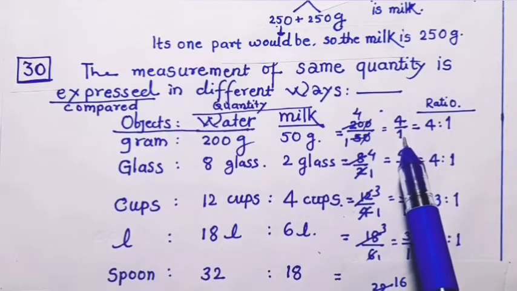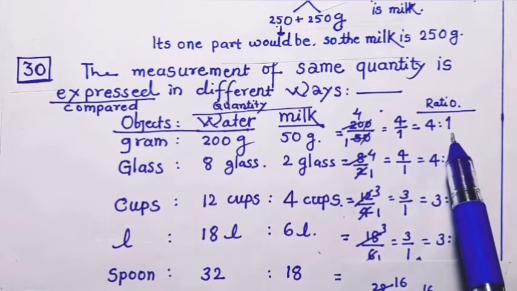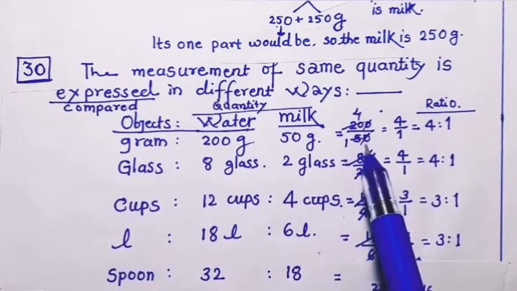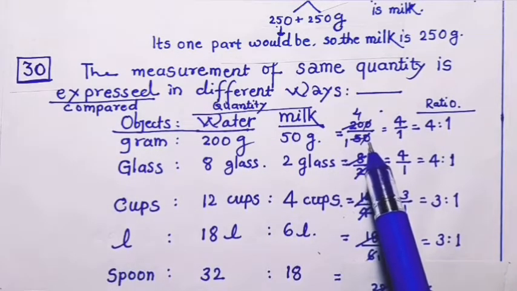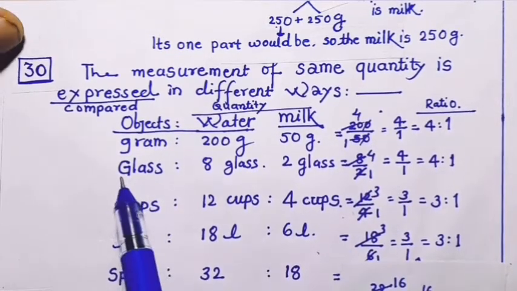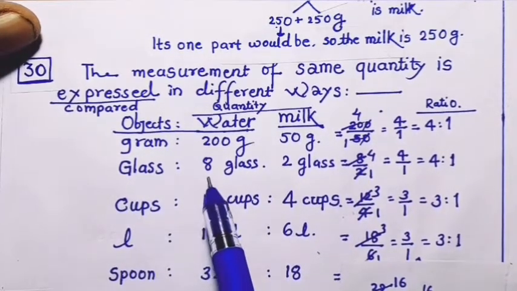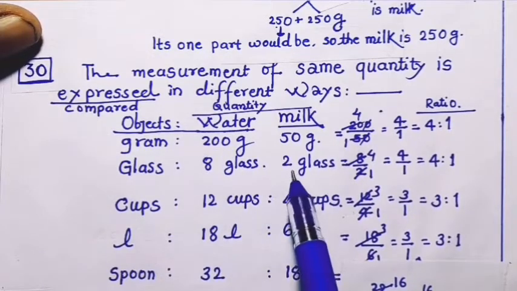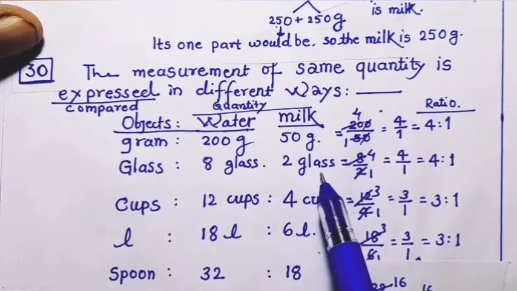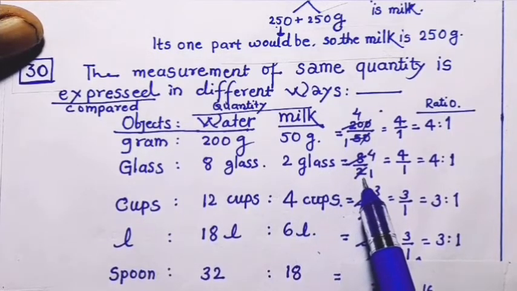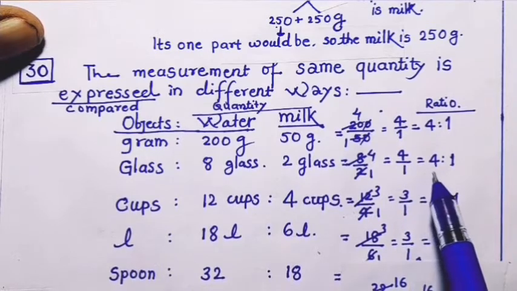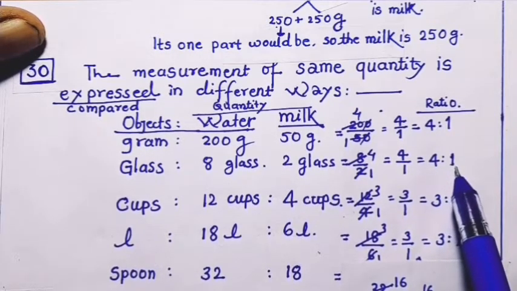Finally 4 by 1 and ratio 4 to 1, after cancelling these numbers by their HCF into the simplest form. Similarly, glasses, if 8 glasses of water and 2 glasses of milk, then 8 by 2 makes 4 by 1, so the ratio 4 to 1.